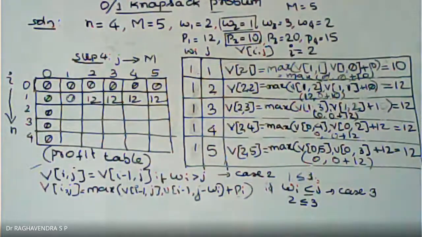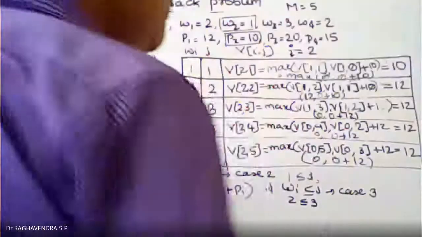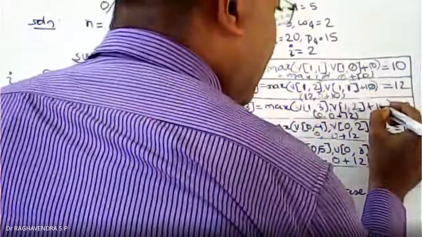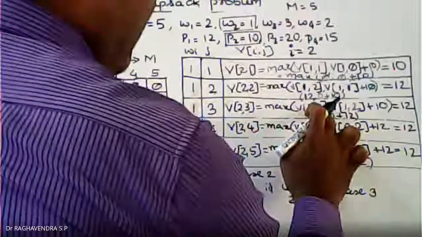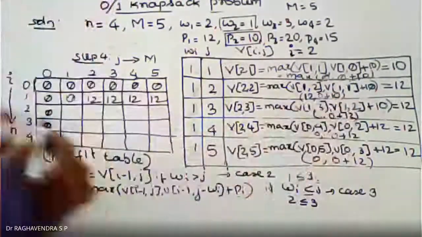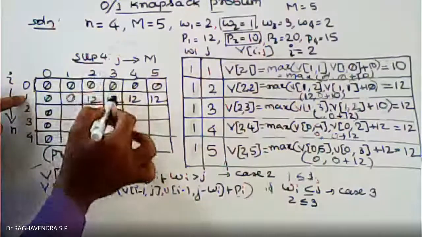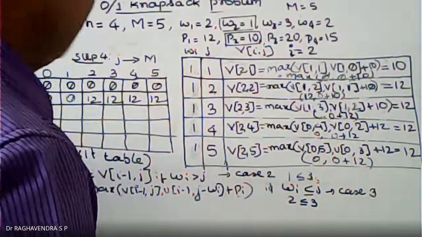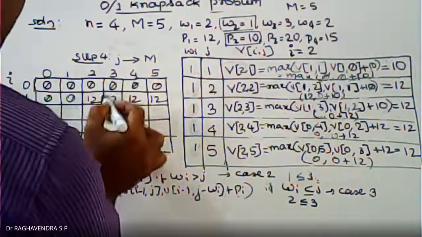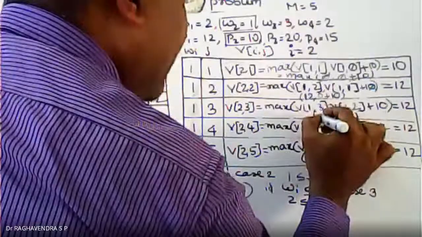Okay, dear students. So this is 10. Now substitute the values. V of 1 comma 3, how much? 1 comma 3 is 12.